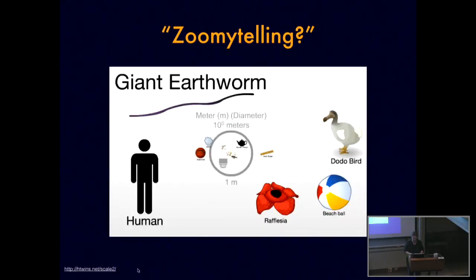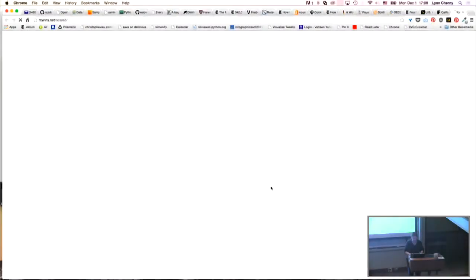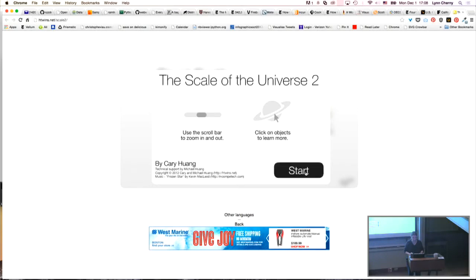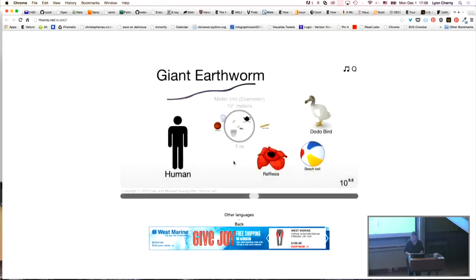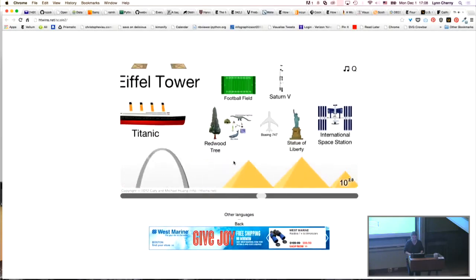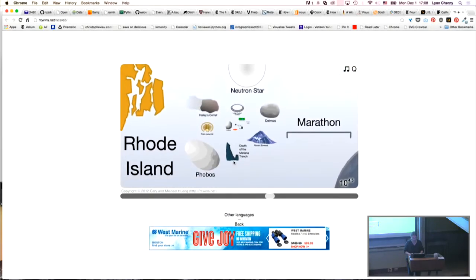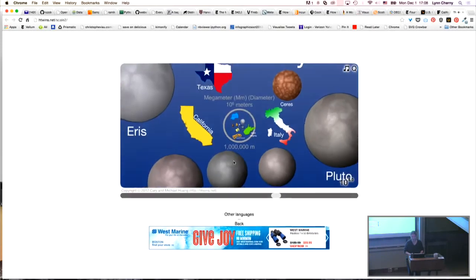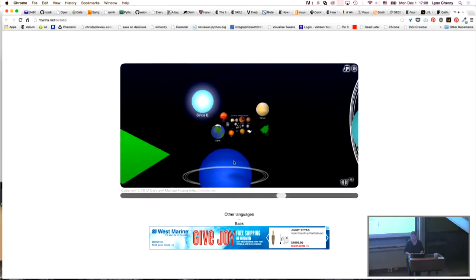Okay, and we talked about the zoomy-telling. There is no reason that a scroll couldn't also have been a zoom. This is a sort of toy someone reminded me of today. But essentially, you just keep zooming. Instead of scrolling, you zoom, and more detail and data comes in as you scroll or as you zoom.